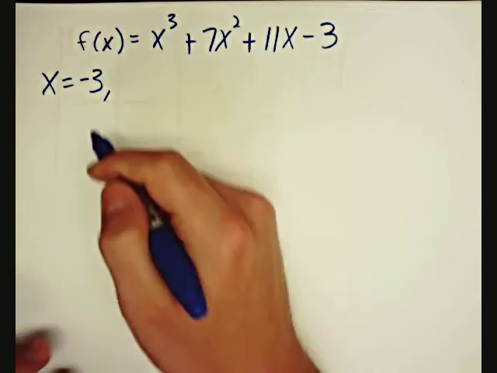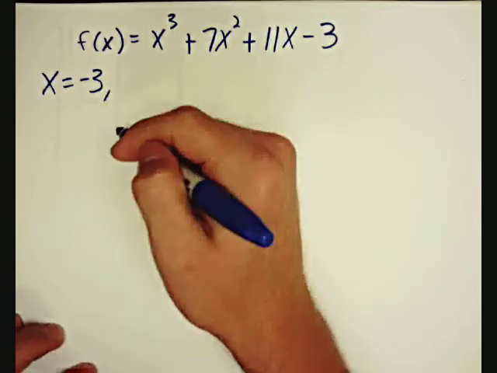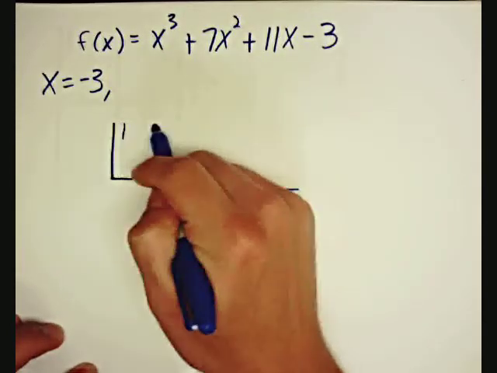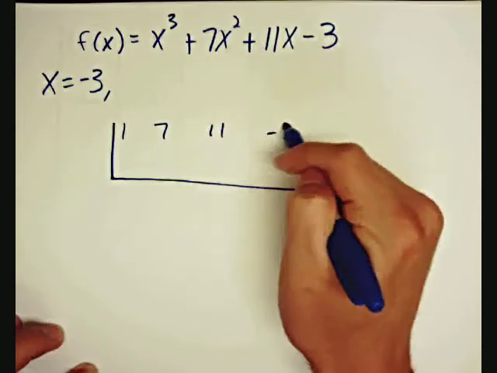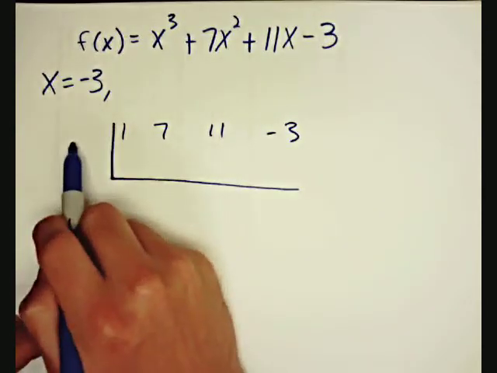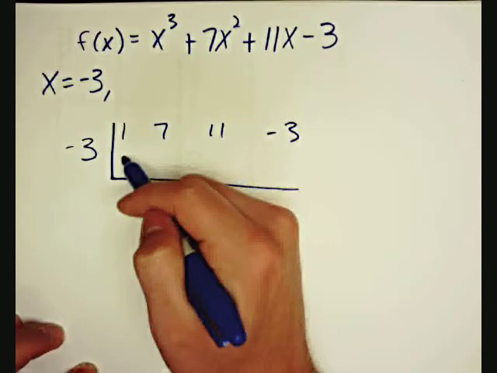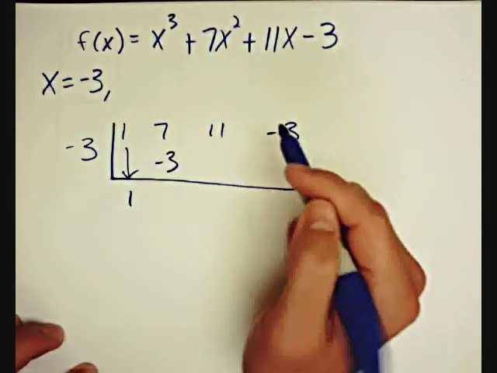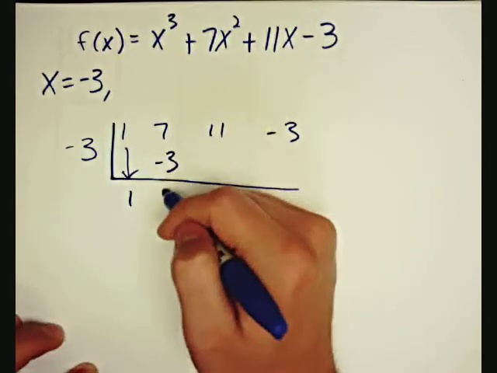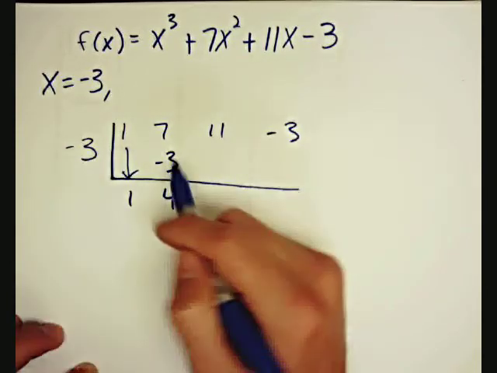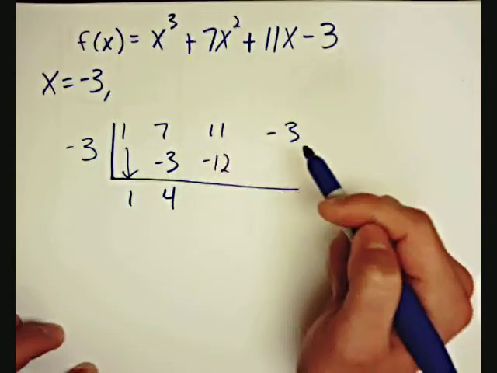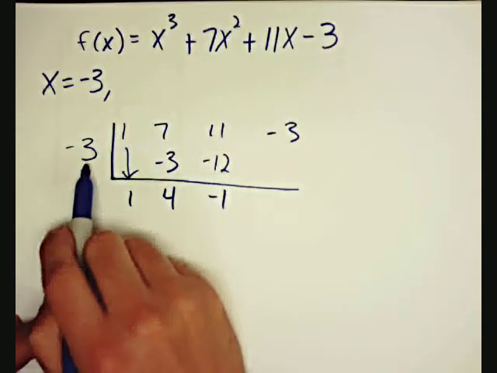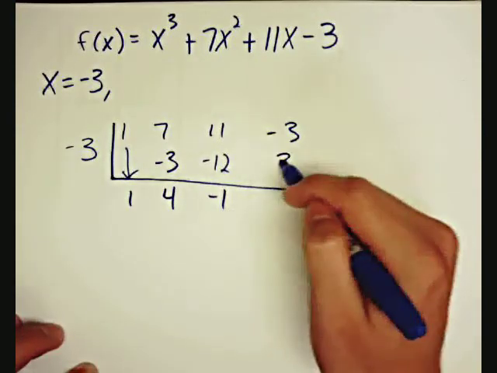So once you have an exact 0, how you proceed with step 2, take your polynomial and do synthetic division using -3 as your 0. Bring down 1. -3 times 1 is -3. 7 minus 3 is 4. -3 times 4 is -12. 11 minus 12 is -1. -3 times -1 is +3.